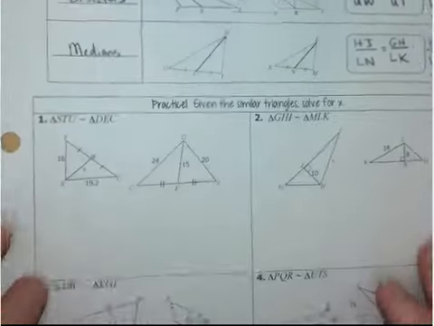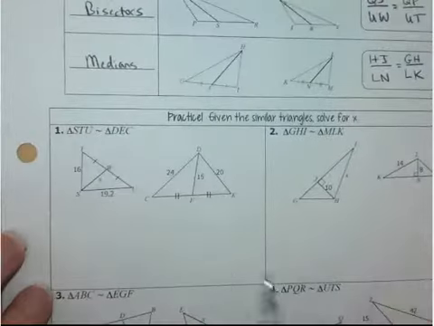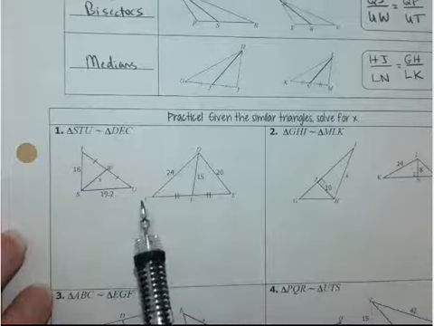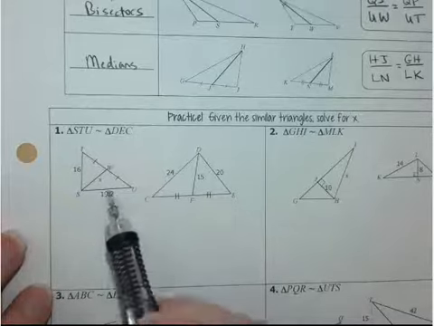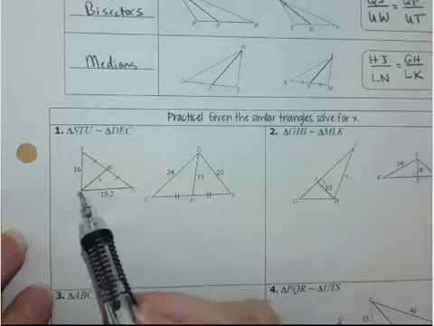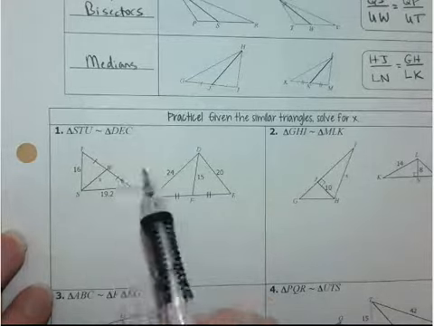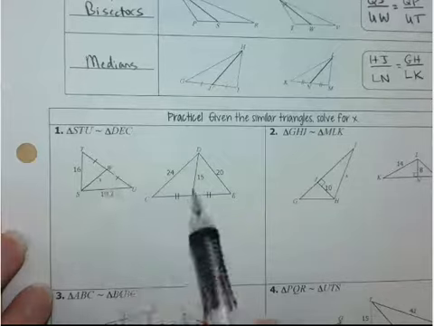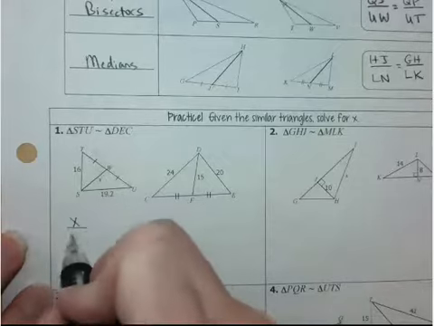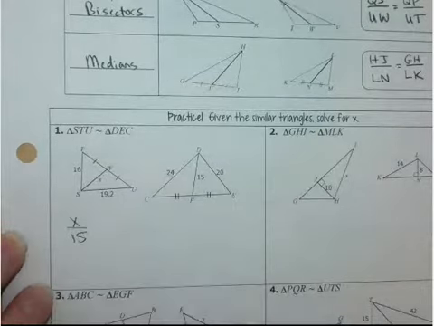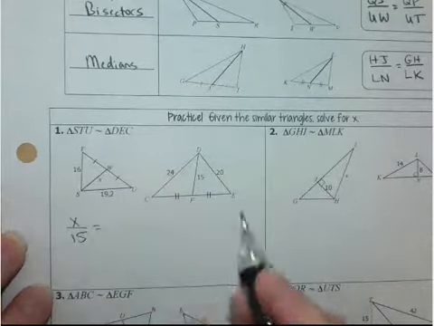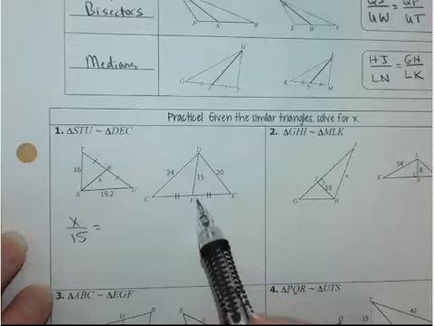Okay, so let's go ahead and do a problem. We're going to set up proportions again, and we're going to solve for x. So for this first one here, it looks like I'm dealing with medians. So I'm going to say x is to 15, so x over 15 equals, and then I'm going to take one of the sides.